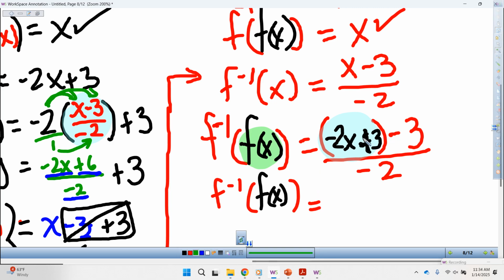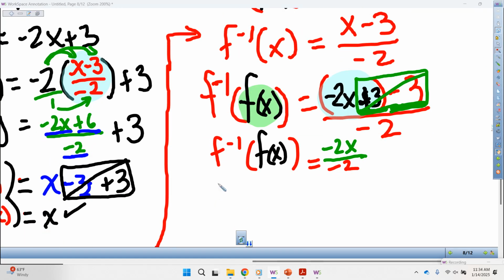Let's see. We have a parentheses and then we have a subtraction. Is there anything multiplying the parentheses? No. So can I combine stuff? Yes. What is positive 3 and negative 3? 0. They cancel, right? So we're left with negative 2x over negative 2.